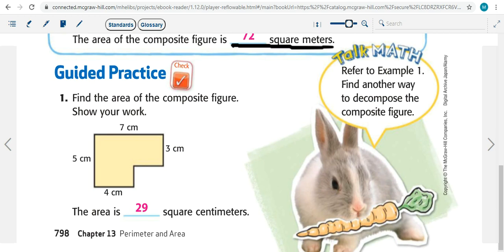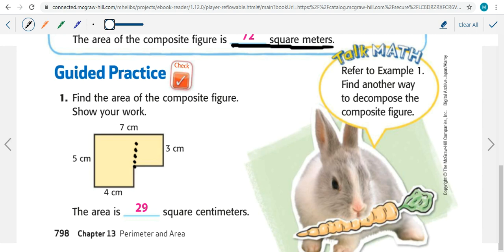Now, the first thing that you have to do is to separate this figure into the figures that make the whole figure. Okay, so to do this, we can draw an imaginary line, so we can find that this figure can be made by this rectangle and this square.